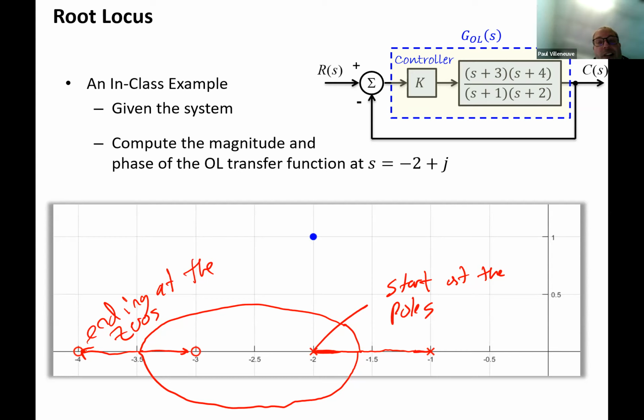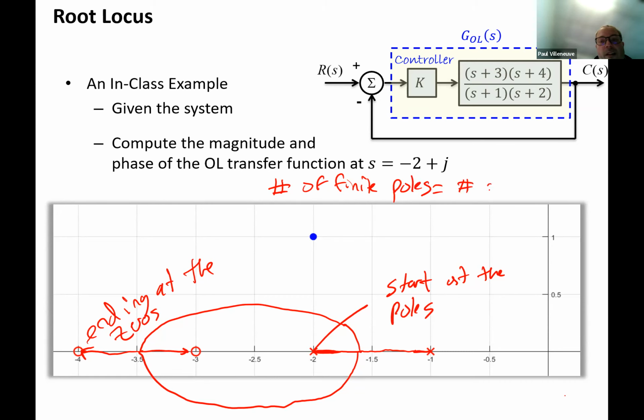And again, that all goes back to finite poles and finite zeros and infinite poles and infinite zeros. The number of finite poles equals the number of finite zeros. Oh boy, my spelling is way off today. Sorry about that.